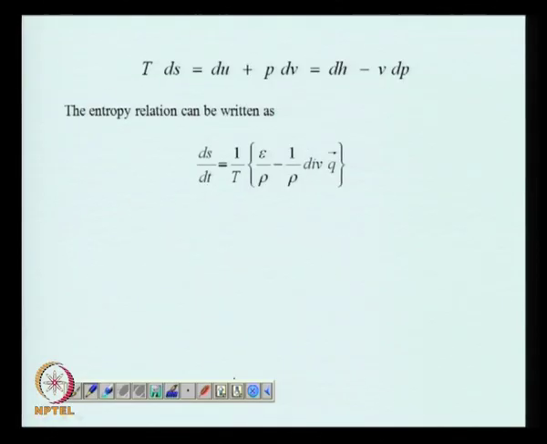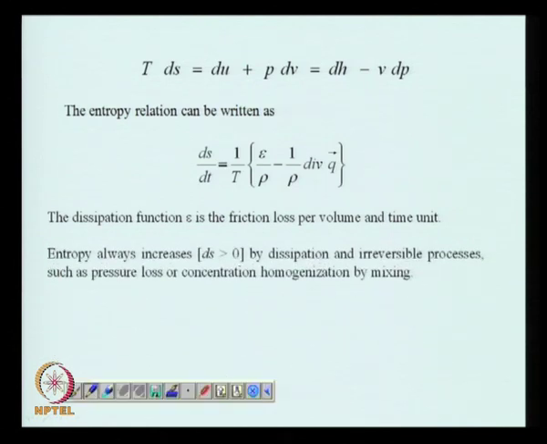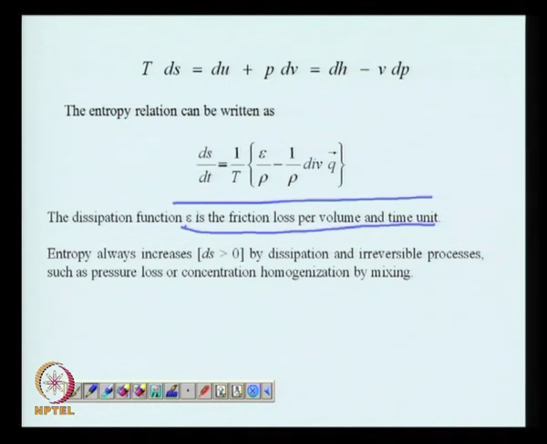So, in any such process, if we skip this part, the dissipation function epsilon is the friction loss per unit volume and time unit. This epsilon is connected with entropy generation in the process.